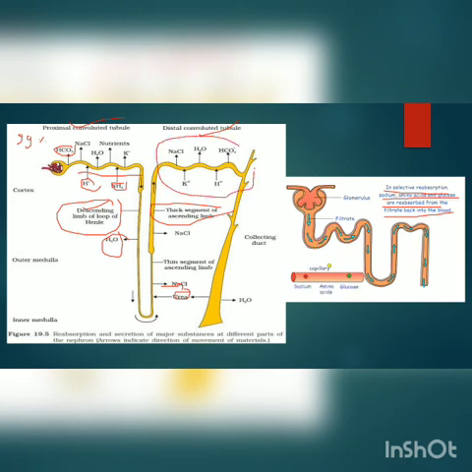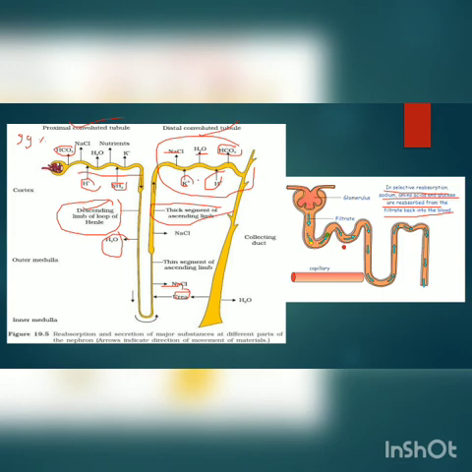डिस्टल कॉन्वोल्यूटेड ट्यूब्यूल में क्या होता है, अब हम डिस्कस करते हैं. ये है डिस्टल कॉन्वोल्यूटेड ट्यूब्यूल. इसमें कंडीशनल रीएब्जॉर्प्शन ऑफ सोडियम एंड वाटर take place होता है. DCT is also capable of reabsorption of bicarbonate ions, and selective secretion of hydrogen and potassium ions.